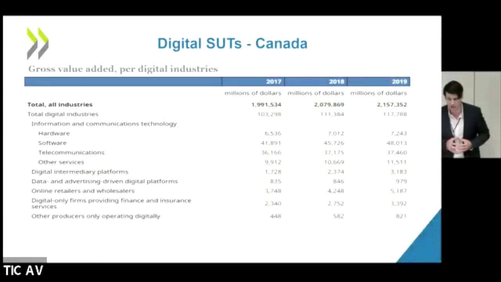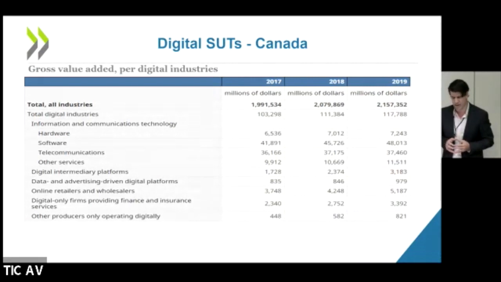So in April of last year, Statistics Canada released their initial estimates of digital supply use tables. So here's the industry viewpoint, and you can see that they released estimates for 3 years.